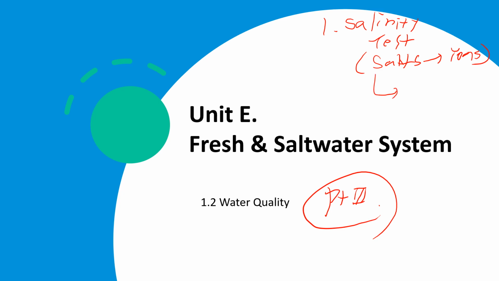If we have a lot of ions, a lot of salt if you will, ionic salt, we call it hard water. On the other hand, if you don't have a lot of salt, we call it soft water.